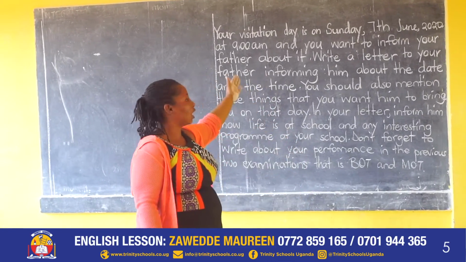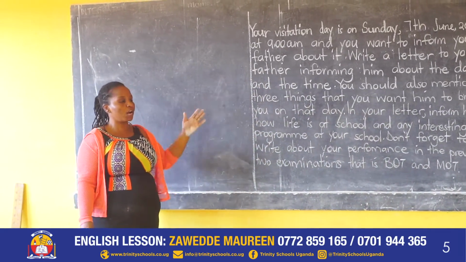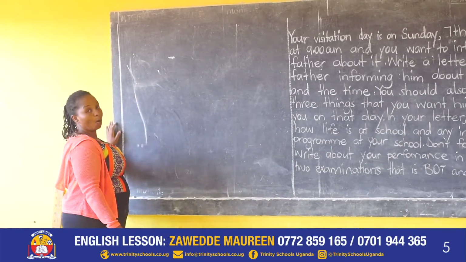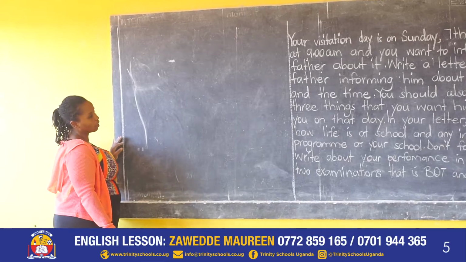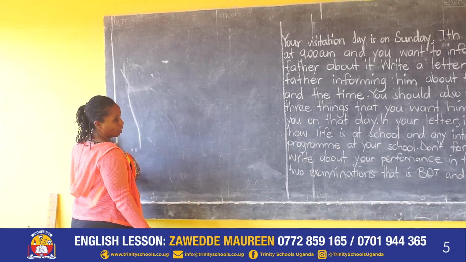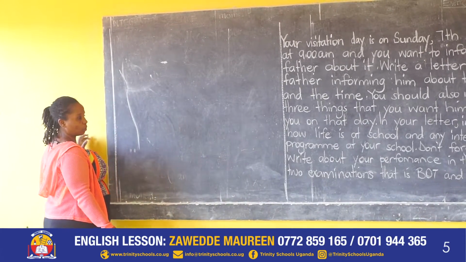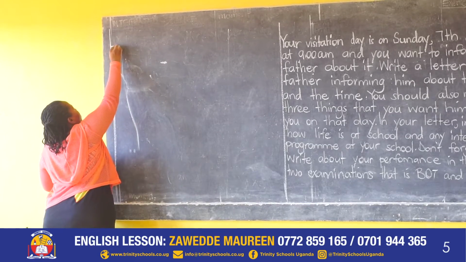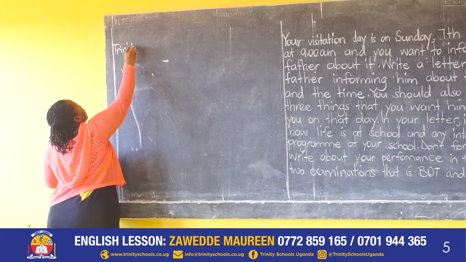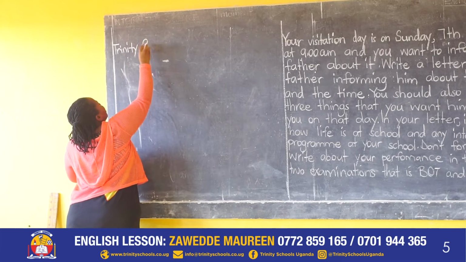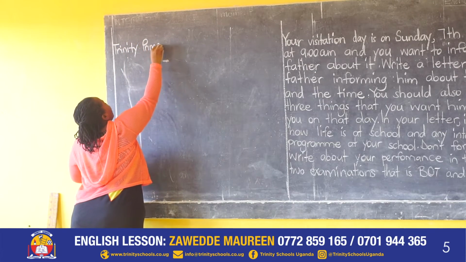So we are going to see how we really can write a letter. Remember our main parts of the letter. The first one is the address. And my address as a teacher at Trinity Primary School, my address is this way. My letters are going to be delivered on this address, Trinity Primary School.